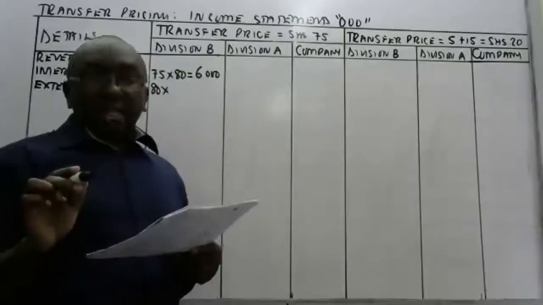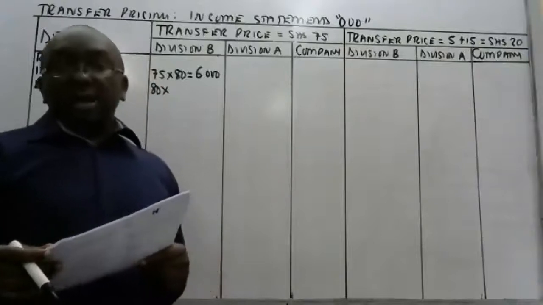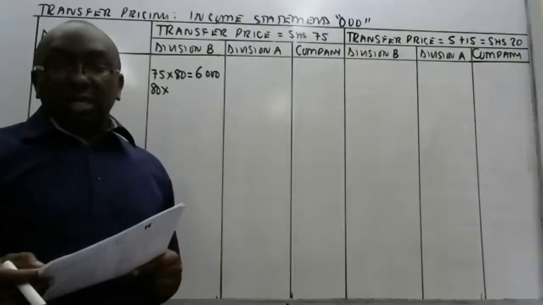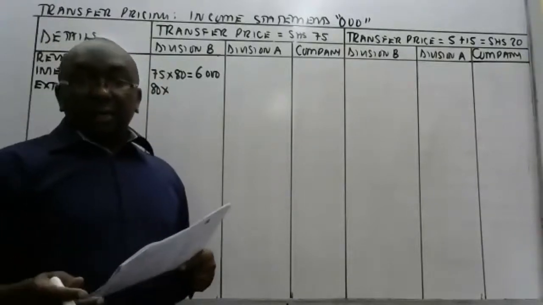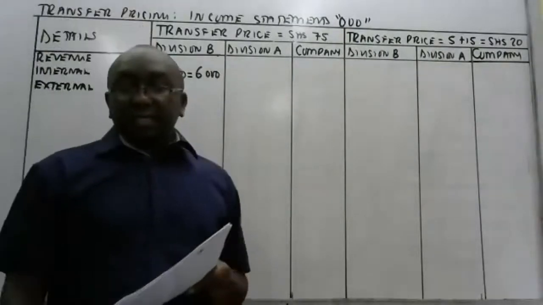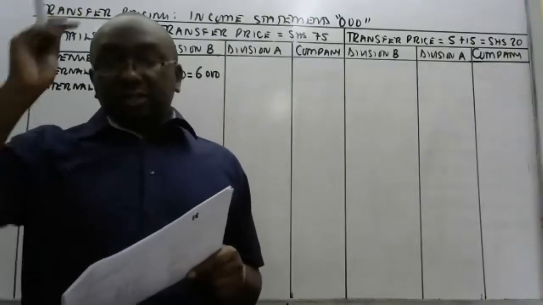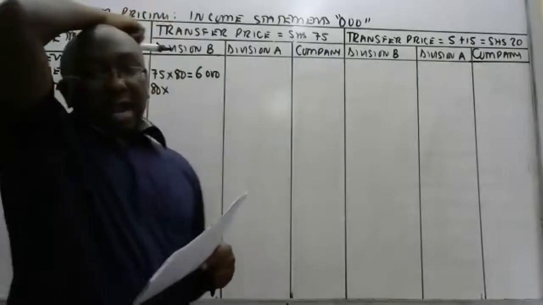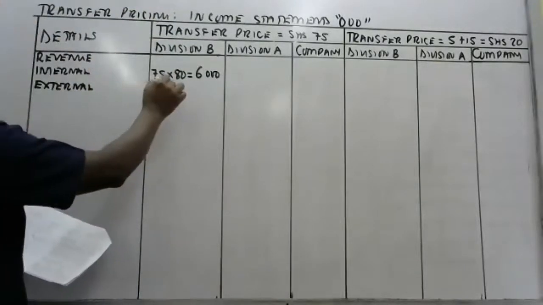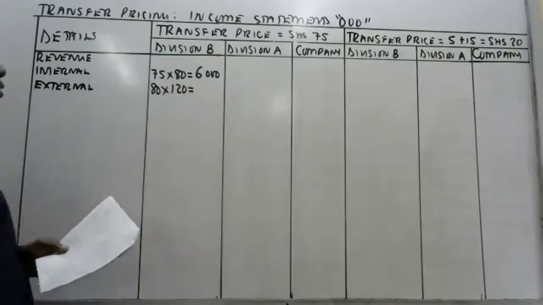So how many are they left with to sell externally? They are left with 120. Good.